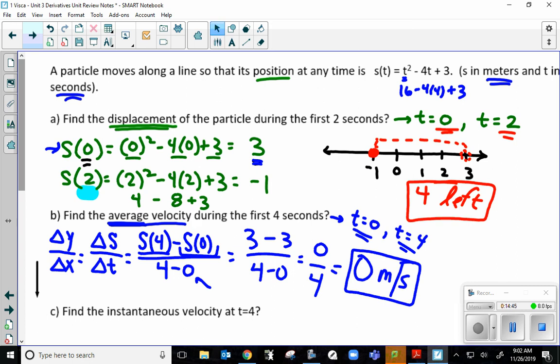So, how can someone average 0 miles an hour? If I started in Rochester, New York, I drove to Syracuse about 2 hours, and I drove back to Rochester another 2 hours. I drove a total of 4 hours. So you can say, what's your average speed?